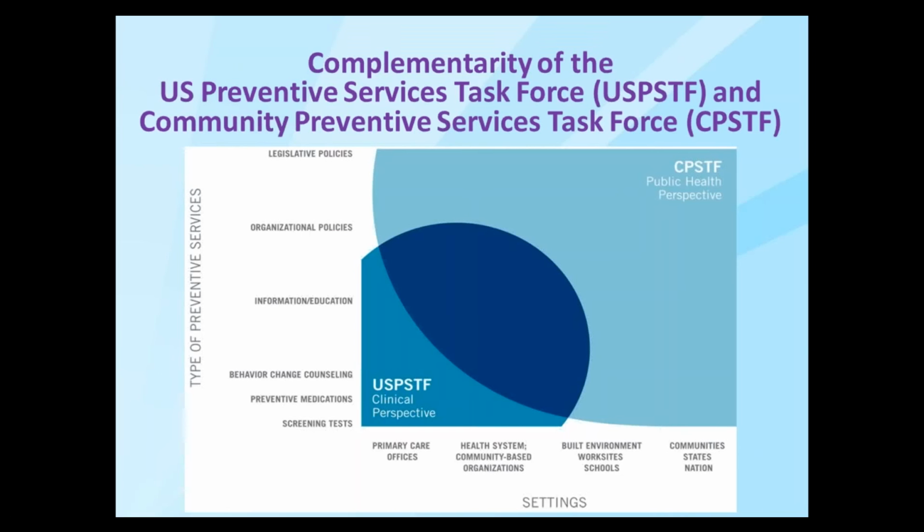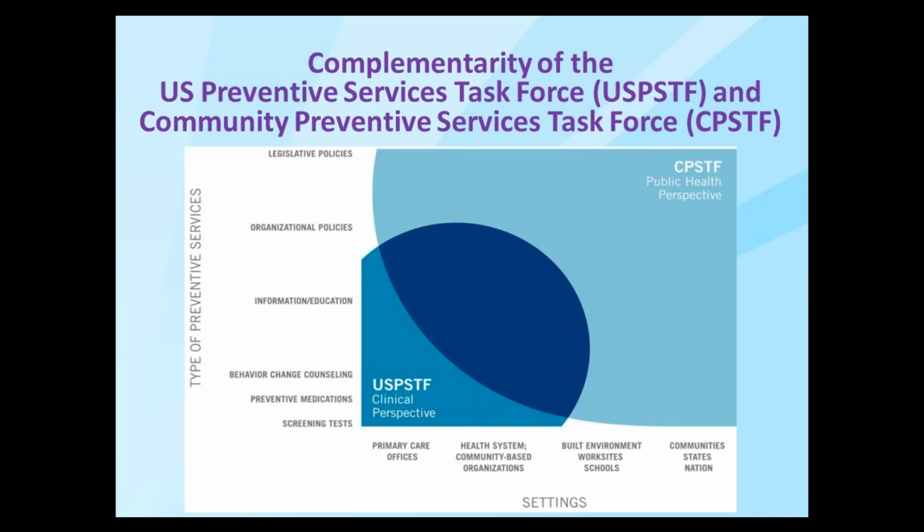Many of you, especially those of you in healthcare areas, may be familiar with the U.S. Preventive Services Task Force. The U.S. Preventive Services Task Force and the Community Preventive Services Task Force are sister task forces. The U.S. Preventive Services Task Force primarily looks at the effectiveness of interventions that can be delivered by primary care clinicians or others working in that same area.